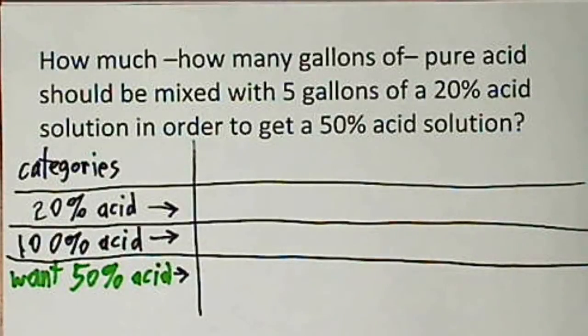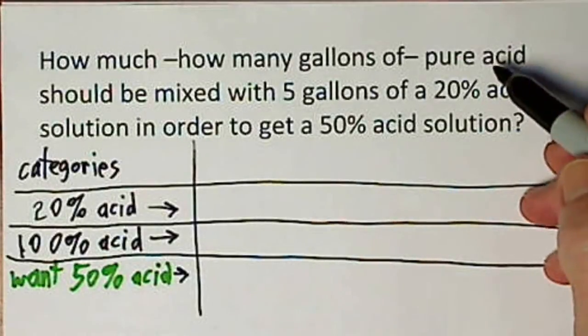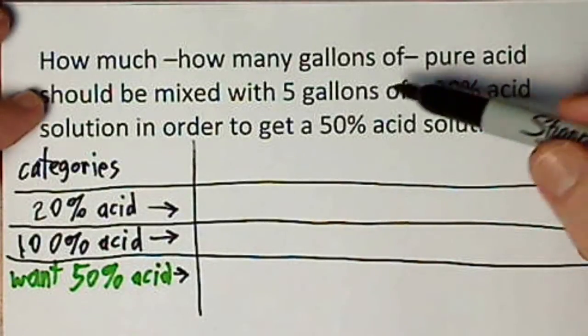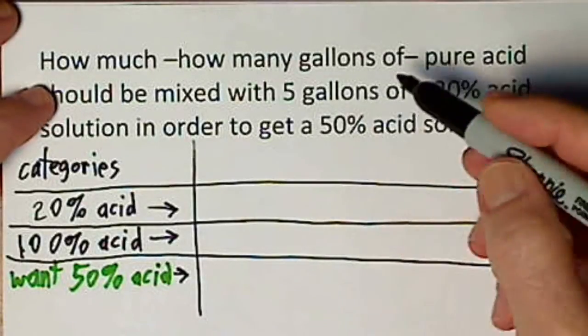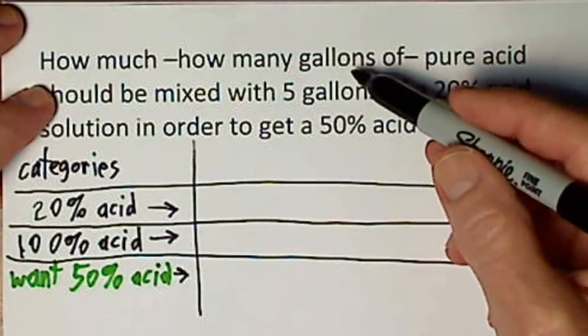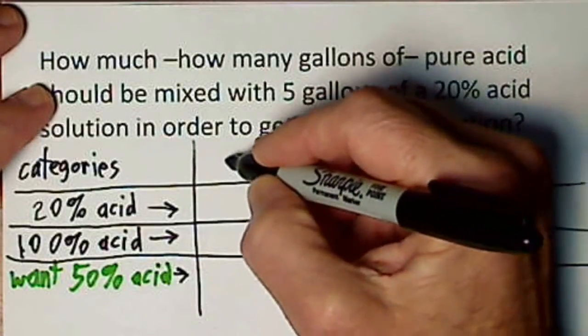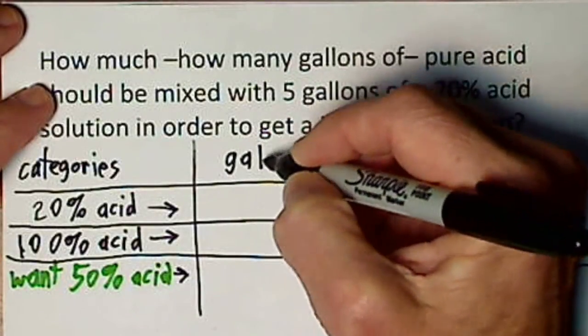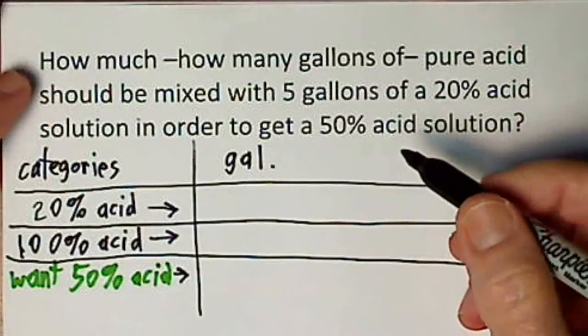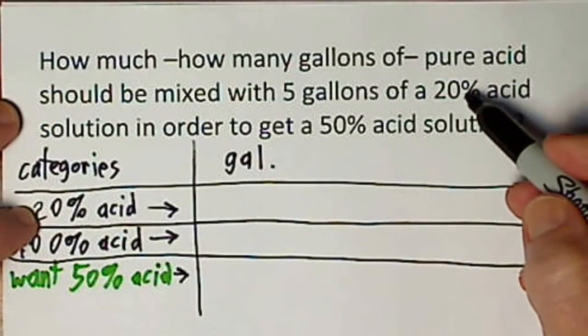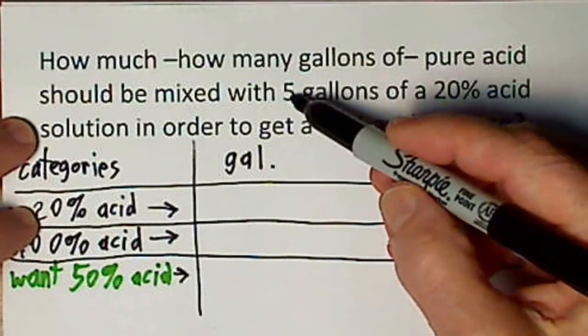And let's see. And gallons, we're going to be working with how many gallons, okay? So let's put, for here, of the 20% acid solution, we have 5 gallons of that.